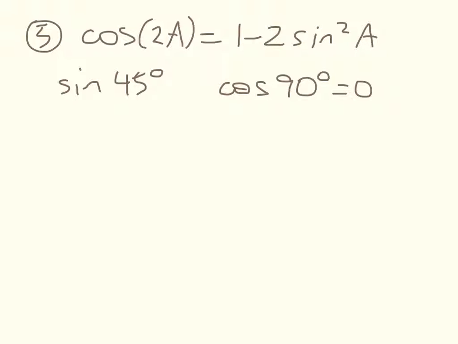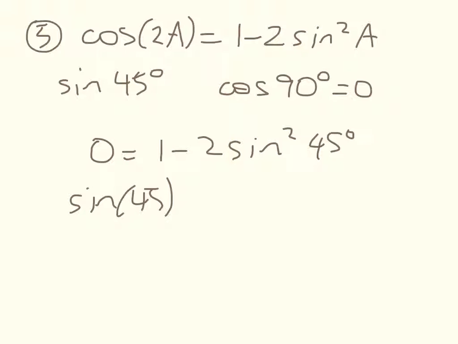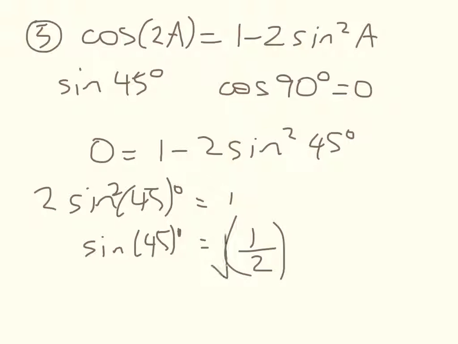So we're going to substitute in and get 0 equals 1 minus 2 sine squared of 45 degrees. So 2 sine squared of 45 is equal to 1, so sine of 45 is equal to 1/2 square rooted, which is equal to 1 on root 2.